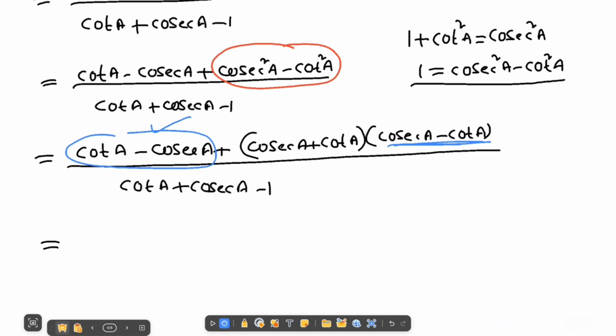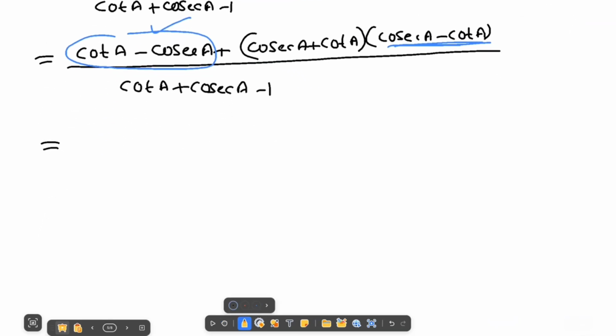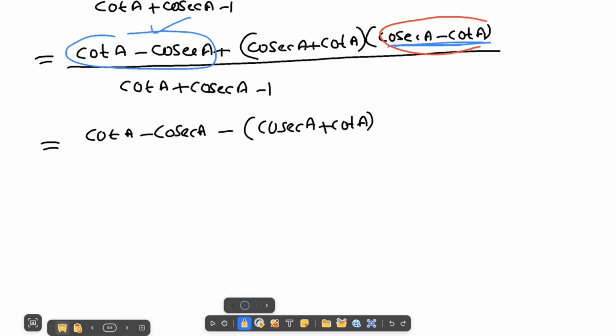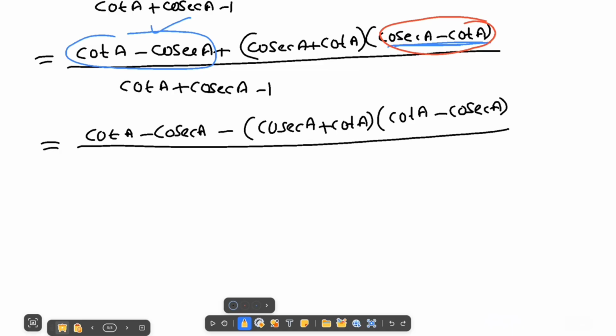So it becomes cot A minus cosec A, and taking minus common, minus of (cosec A plus cot A) into (cot A minus cosec A), whole by, with no changes in the denominator, cot A plus cosec A minus 1.